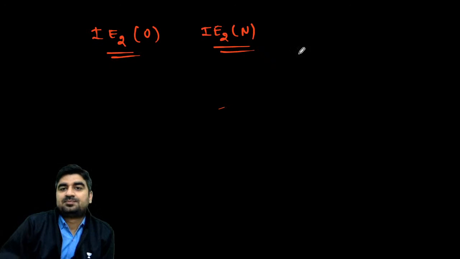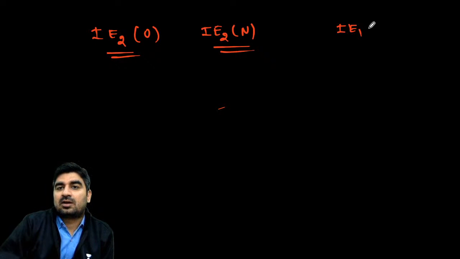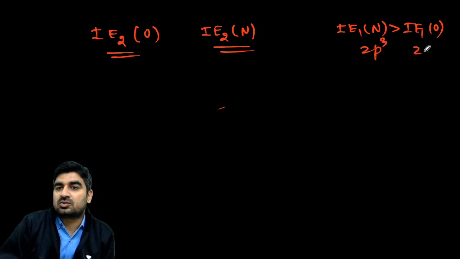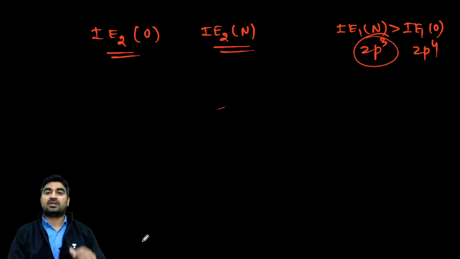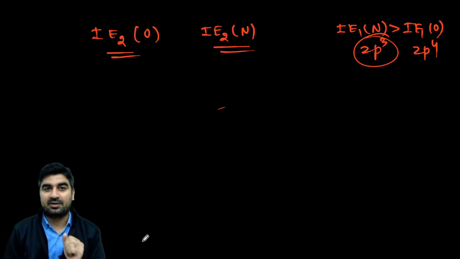You know that I1 of nitrogen is greater than I1 of oxygen. Why? Because it is 2p3 and it is 2p4. So it is difficult to remove an electron from nitrogen because nitrogen is exactly half filled.